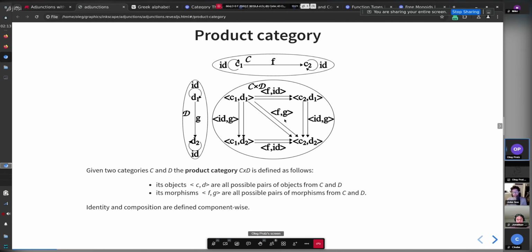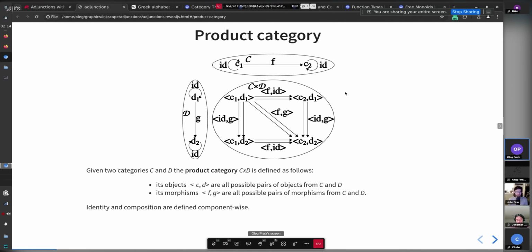I chose to draw this with double arrows, but the thing is, those are just the morphisms from the category definition point of view. That's it.